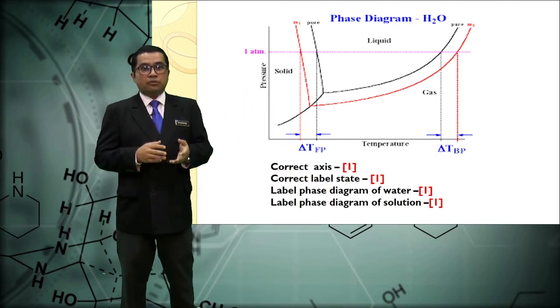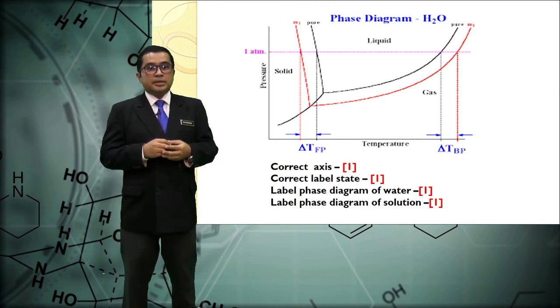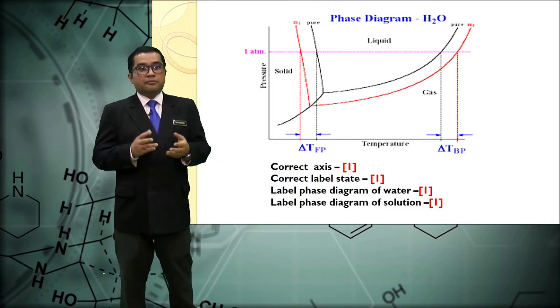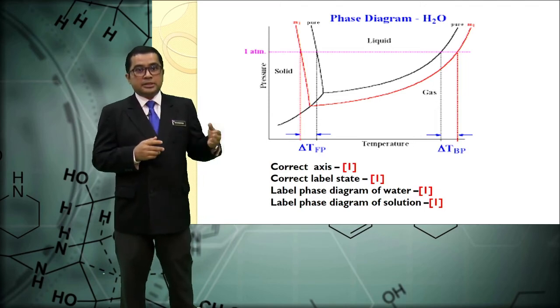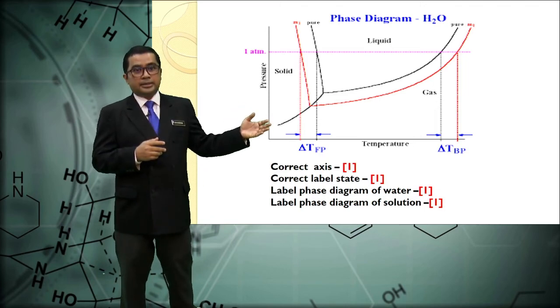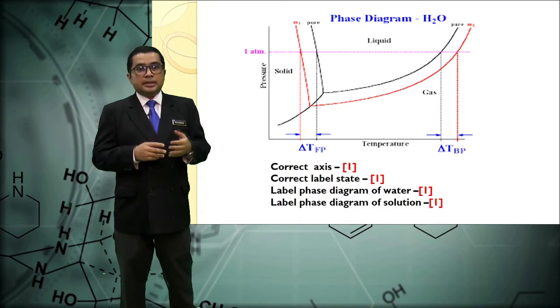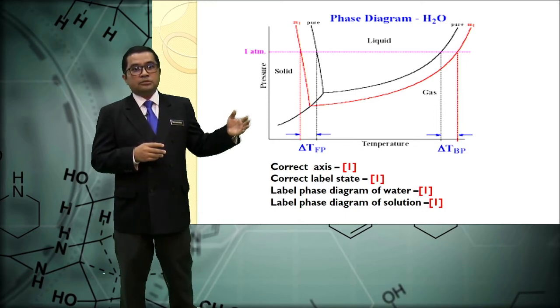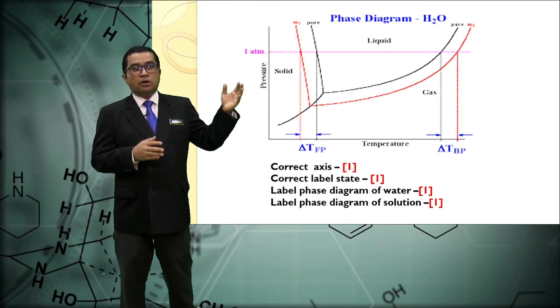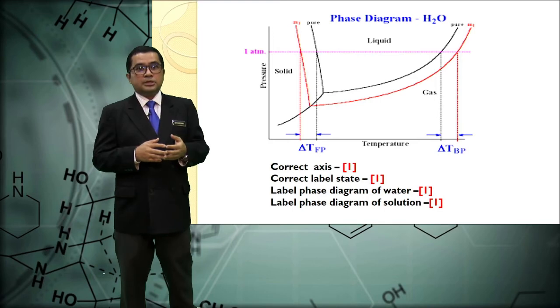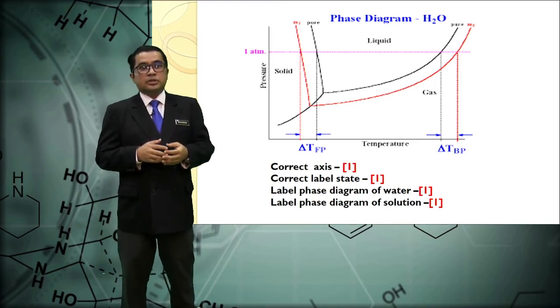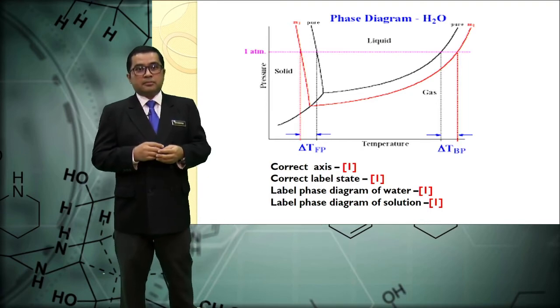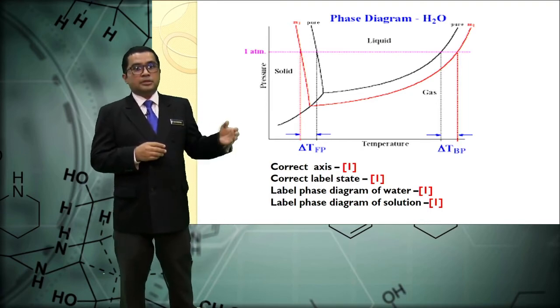That will give you the second mark. For the next mark, you have to label the phase diagram of water, which is the black line. The next is to label the phase diagram of solution, which is the red line. So when you draw the correct phase diagram of water and solution and label all the stated points, you will get 4 correct points. Okay, we go to the next one.